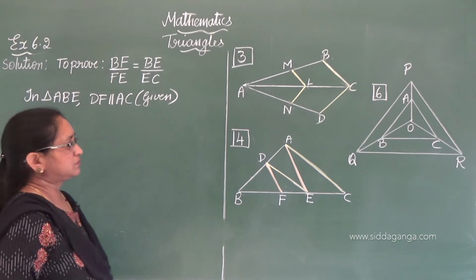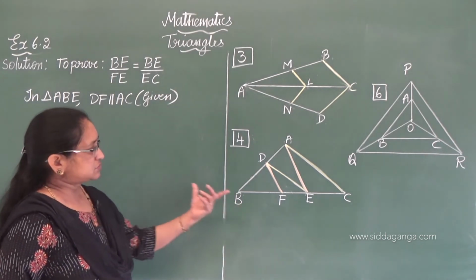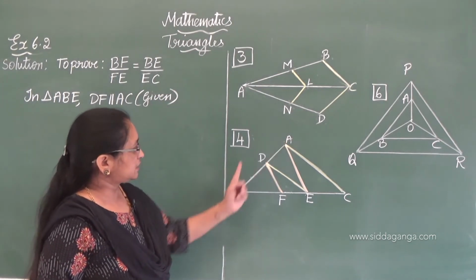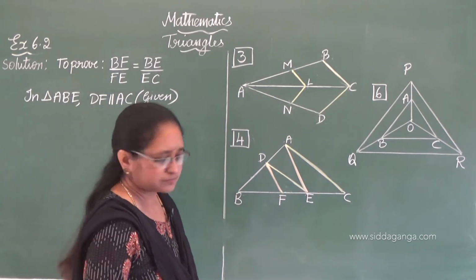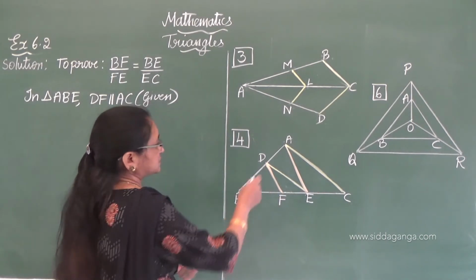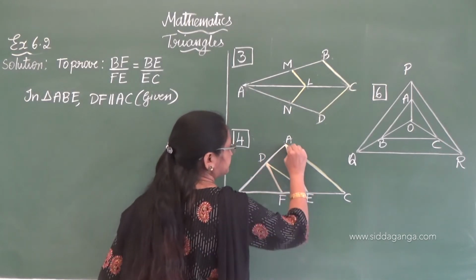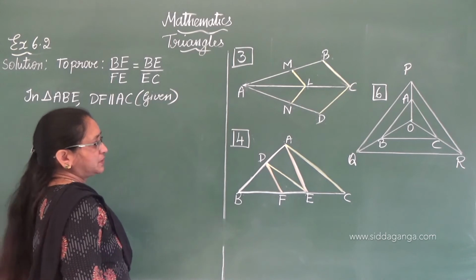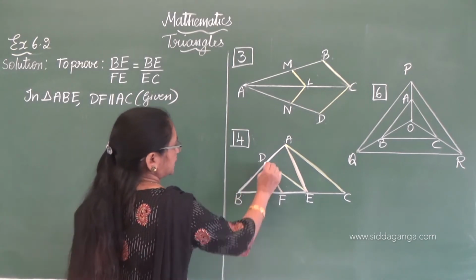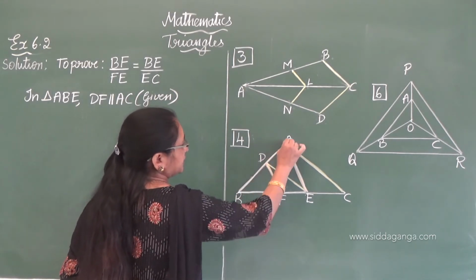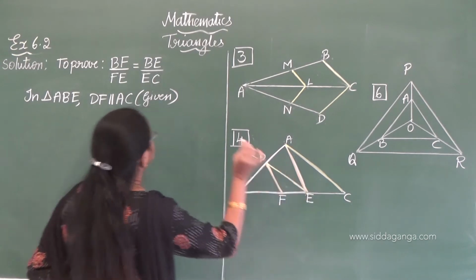Okay. Now, see, you just observe the triangle ABE means this triangle. Okay. Now, here I can write BD by DA is equal to BF by FE.